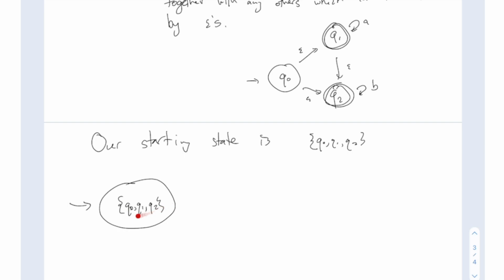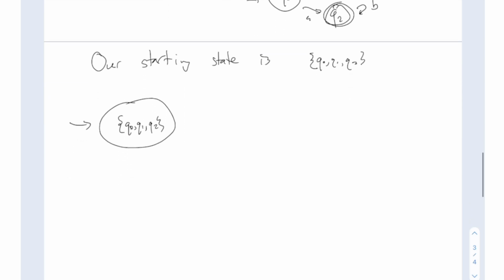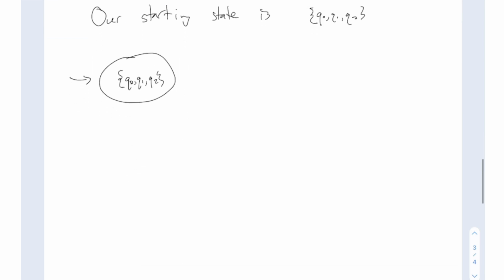The A arrow from this subset is meant to go to a subset consisting of all possible states that you could reach from any one of those if you did A. So you have to imagine I'm starting in any of these states, Q0, Q1, Q2, and think about all the possible states you could end up in after doing an A from one of those. And you also always have to consider epsilon. I'm going to try and write in words what that is.